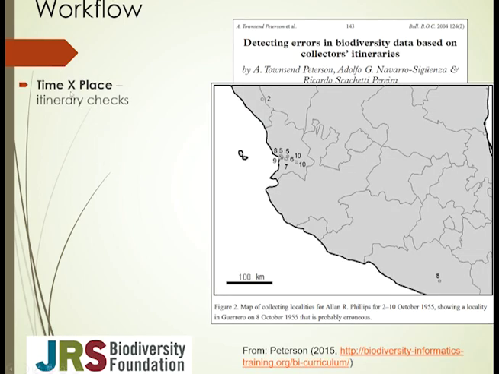When we cross the time with a place, we can discover inconsistency in the itinerary. So, from Peterson 2015, we have a map of collecting localities for, let's say, Philips, for the dates 2 to 10 October 1955, showing a locality in Guerrero on 8 October, so point 2 here, 8 October, that is probably erroneous.